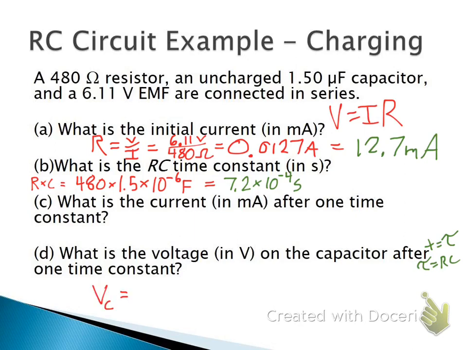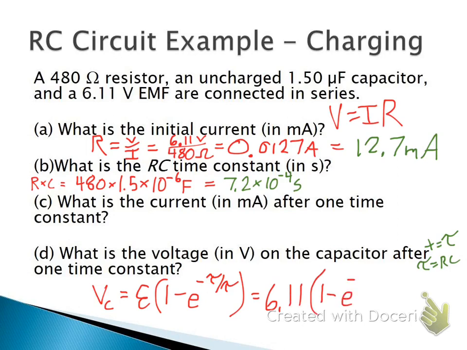So I'm just going to plug this into my charging equation since my capacitor is charging. And instead of t, I'm going to put a tau there. Doesn't matter what tau is, since my time that has passed is the same as a time constant, this just simplifies down to my EMF, which is 6.11, times the quantity 1 minus e to the negative 1, and that lands me with 3.86 volts.